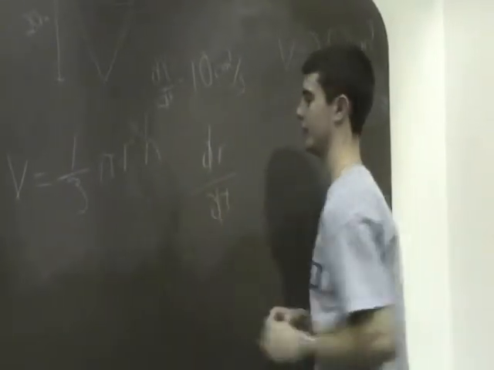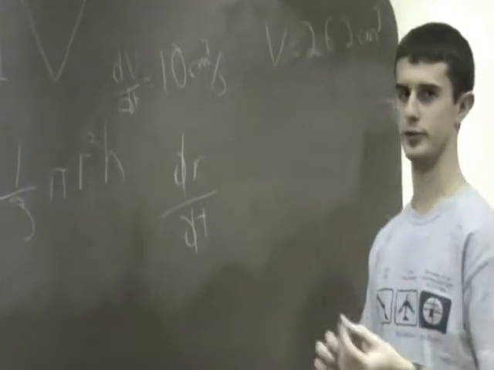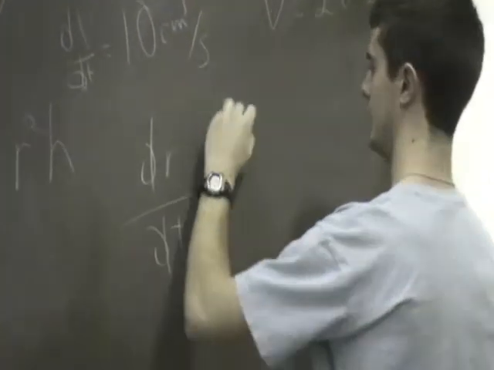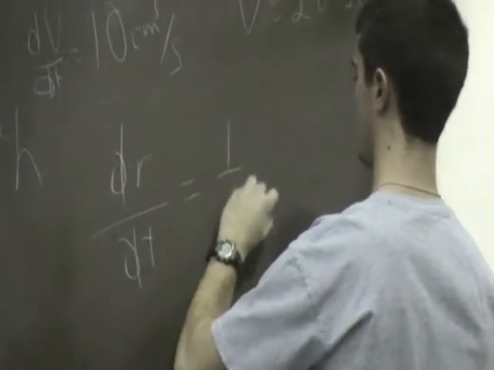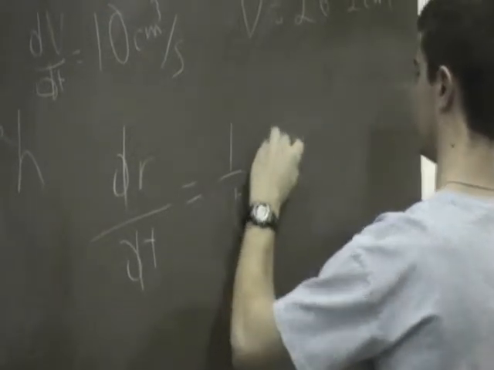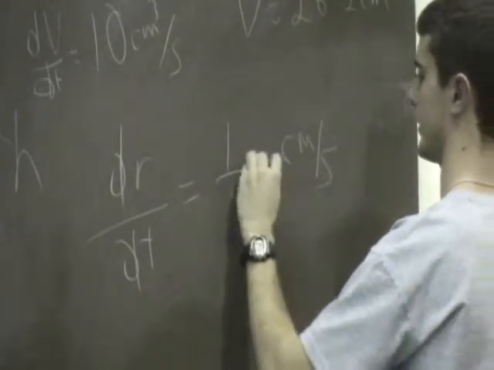And you should be getting the answer as dr/dt, or the rate at which the radius is increasing, is 1/5 pi centimeters per second.